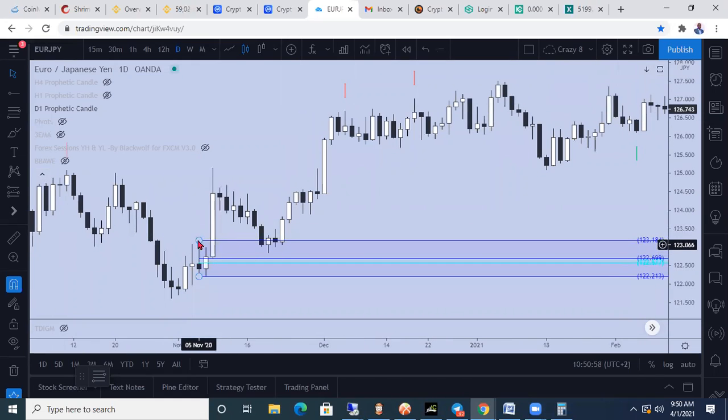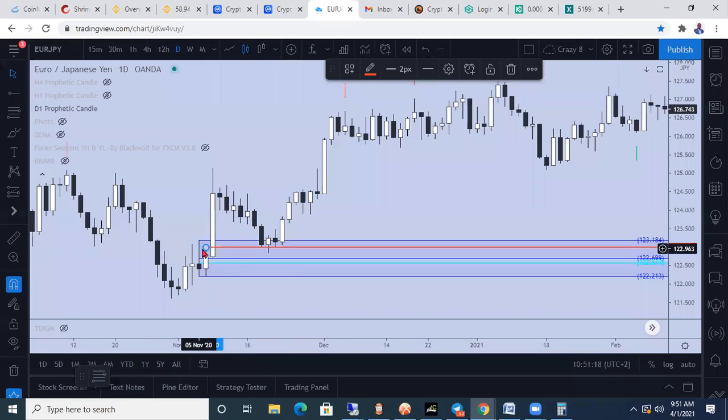So here, this was the last place where sellers came in before the buyers pushed up. The tip of this bearish candle has to be covered. So you see the way price came and covered the tip of that candle, it means the fair value gap has been covered. Some persons would prefer to use the tip of this candle, right? Again, whichever one you want to use, the fair value gap was covered.